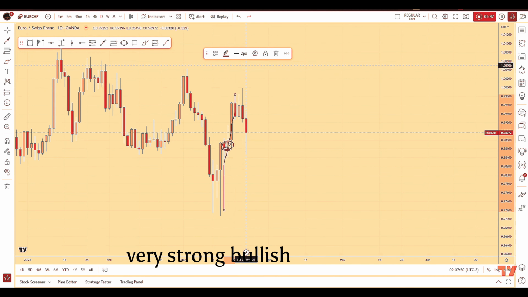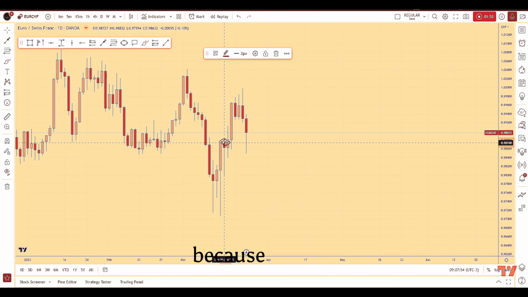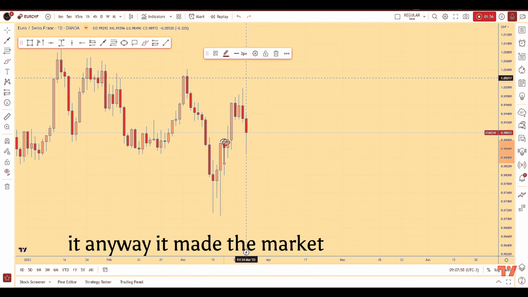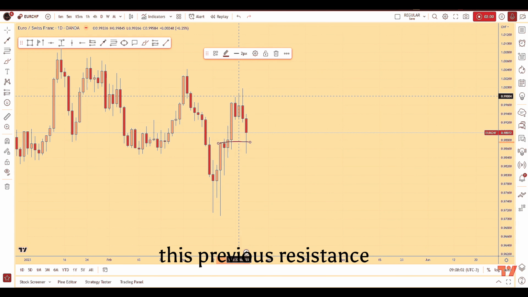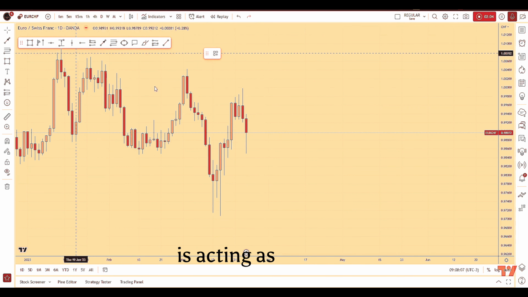This means that this zone was very strong resistance because anyway, even though the market had all this bullish momentum, it made the market create this red candle, meaning that now this previous resistance, since it has been broken to the upside and is getting retested, is acting as support.